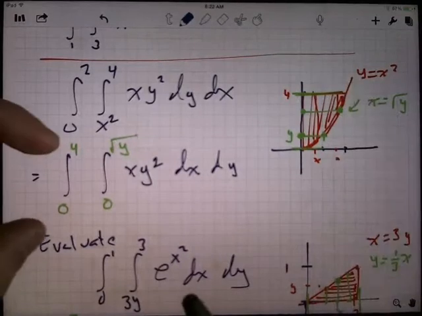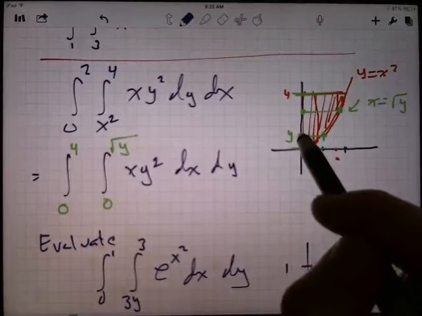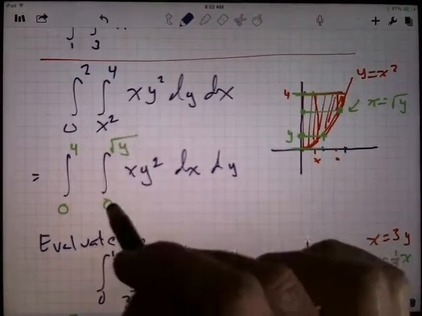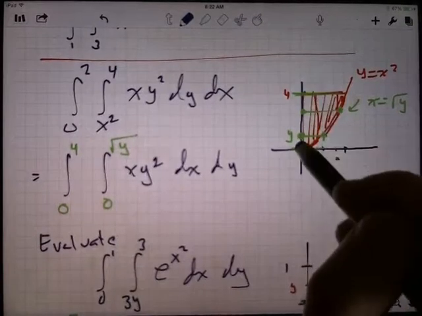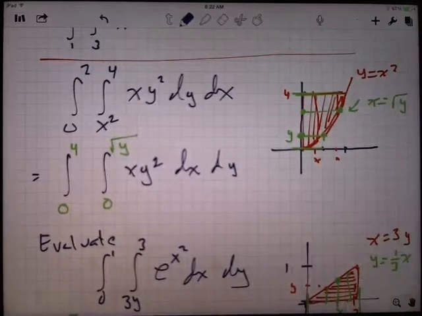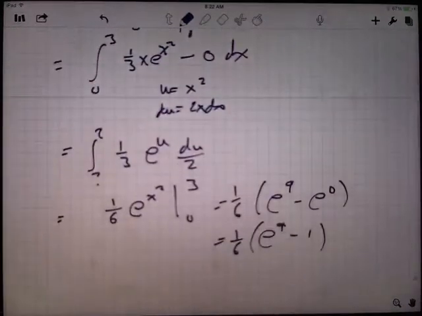Those are numbers. Once you establish those numbers, then you say for every y in between, what's the minimum x, what's the maximum x? And they might just be a number if the minimum is always the same. They might be a function if they're changing. Okay. So there you go. There is the changing the order of integration in an iterated integral.